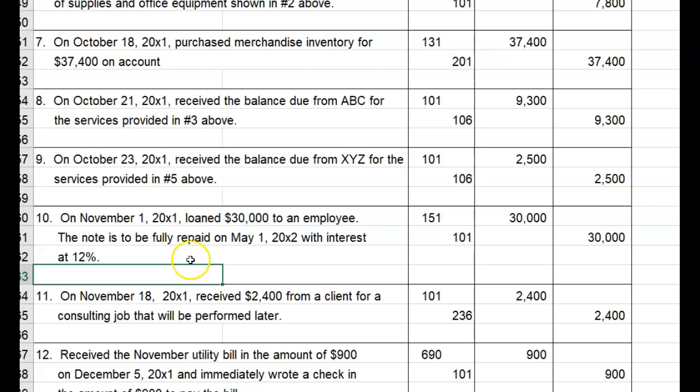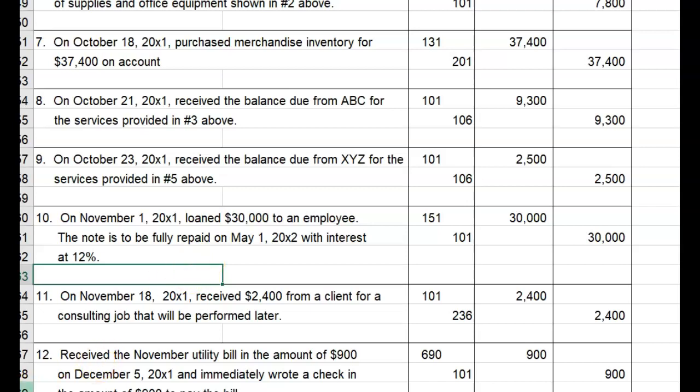So the calculation is principal times rate times time, principal of $30,000 times 12% interest rate times 2/12. Again, this is an annual 12-month interest rate. 2/12 of that has been earned by the company as of December 31st.